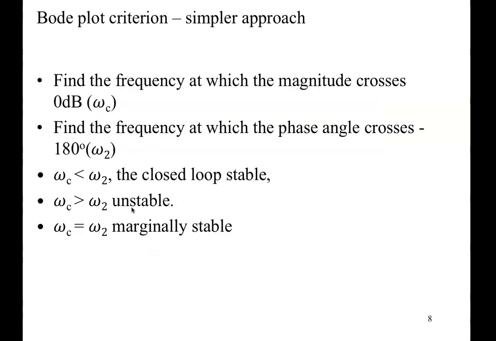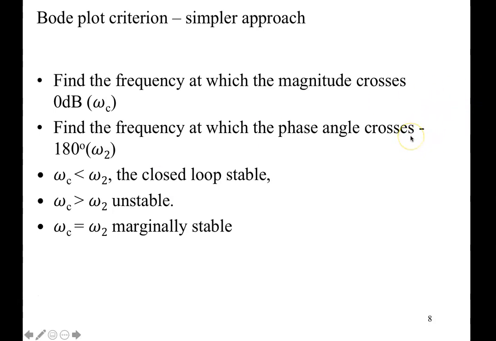Now if you have a Bode plot of K times G, you find the frequency at which the magnitude crosses 0 dB. So just go across, find 0 dB, and then find that particular frequency, omega c. Then you go to the phase plot. Find the phase angle at minus 180 degrees. The minus sign is here, okay?